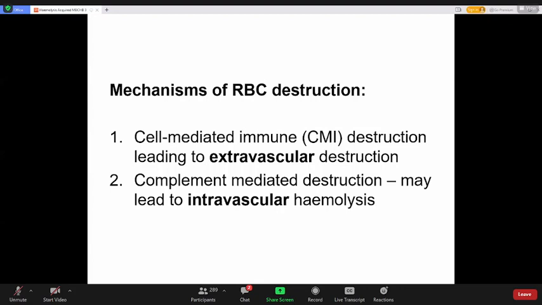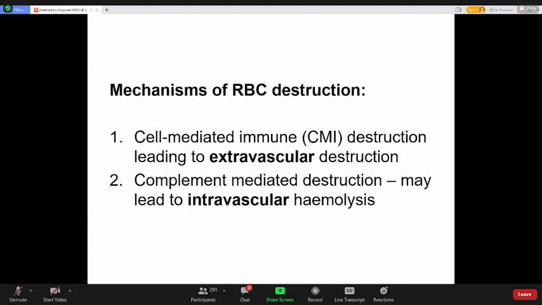When you get complement activation, you get production of an immune complex called the MAC, the membrane attack complex, and this lyses red cells within circulation, causing intravascular hemolysis.